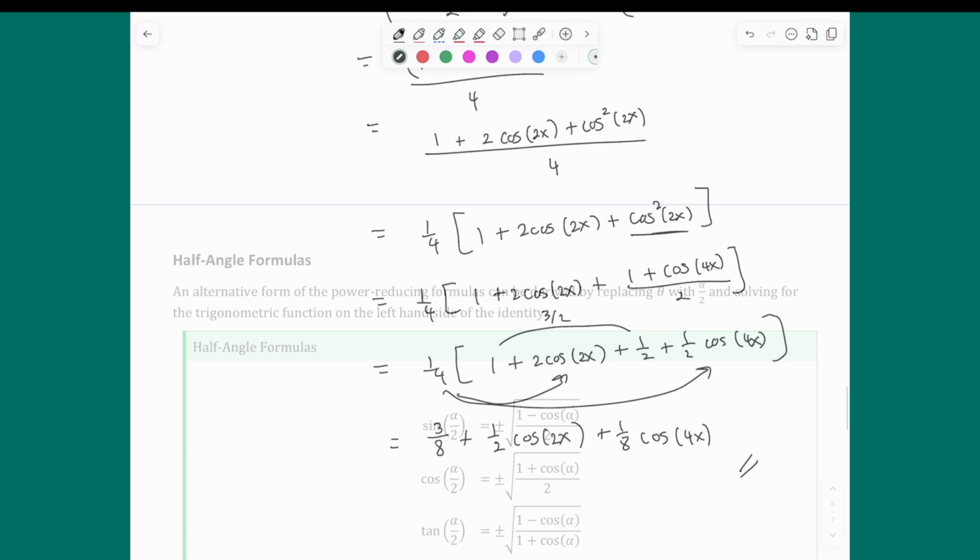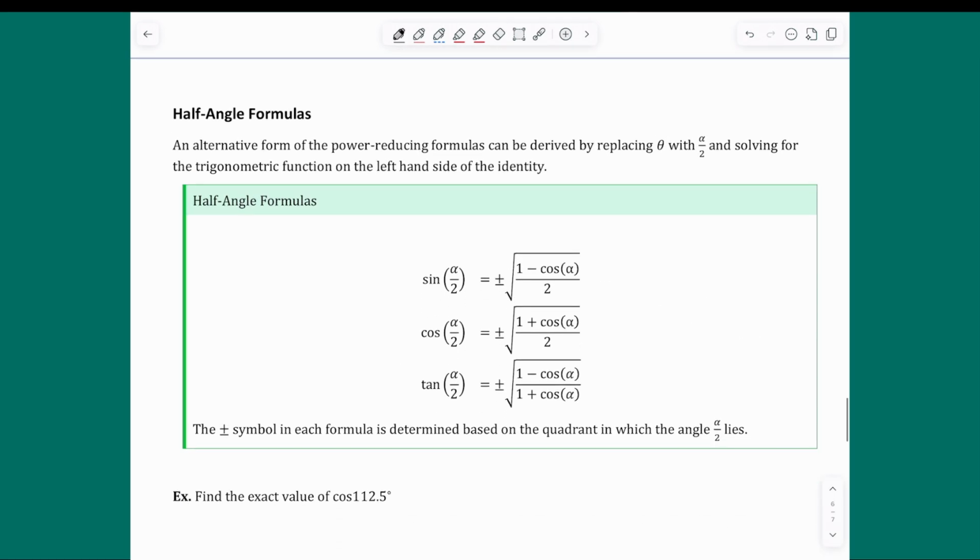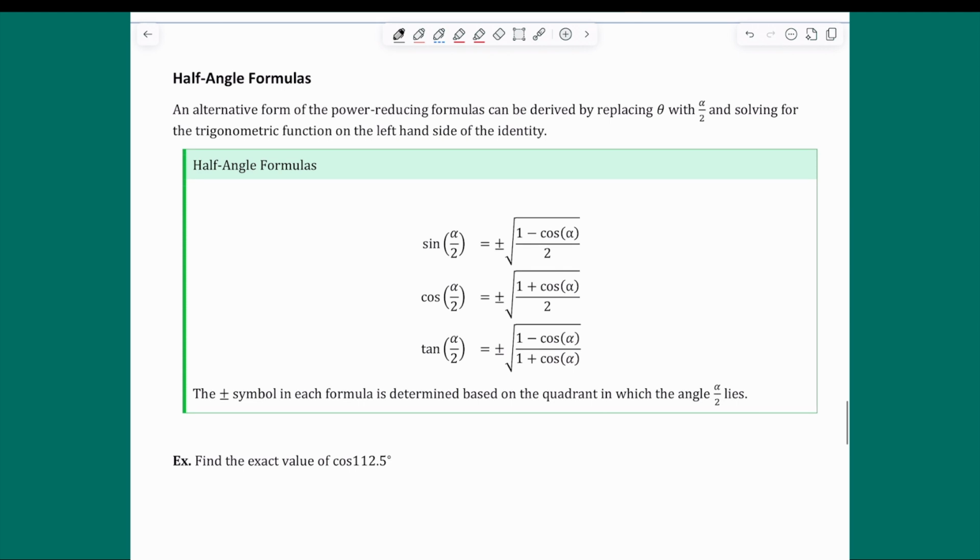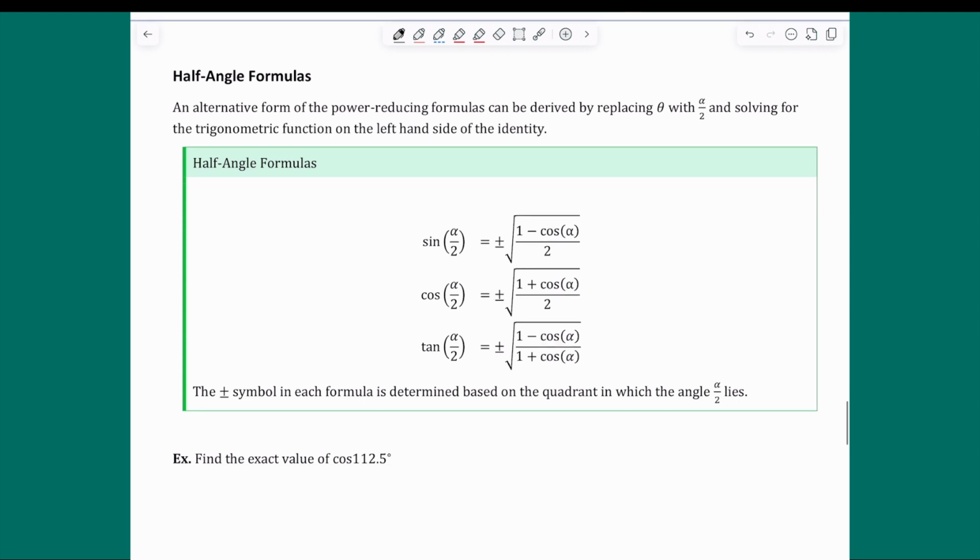All right, now we have what's called our half angle formulas. An alternative form of the power reducing formulas can be derived by replacing theta with alpha over 2 and solving for the trigonometric function on the left hand side of the identity. I'll leave that for you to verify. So we have our first half angle formula, sine of alpha over 2, which is equal to plus or minus the square root of 1 minus cosine of alpha over 2.